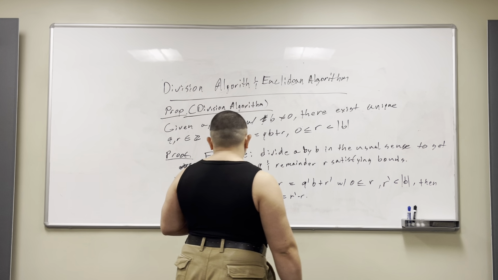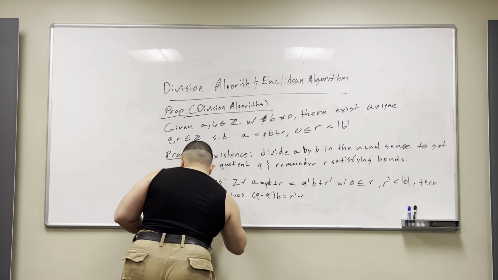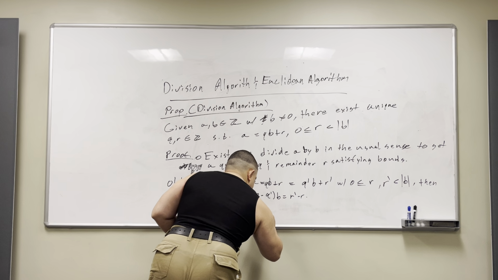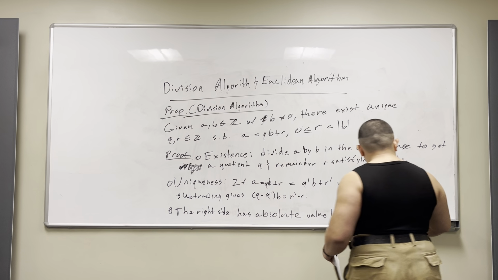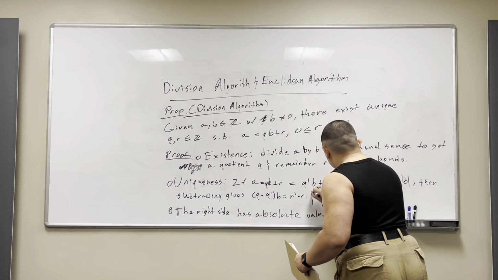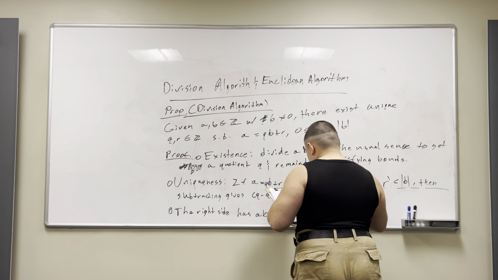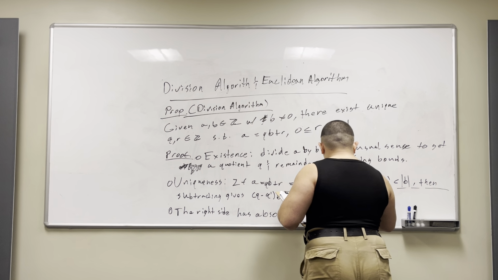The right side has absolute value less than the absolute value of b, so it must be 0.